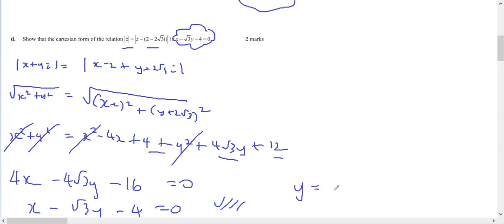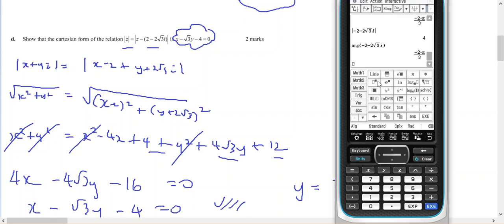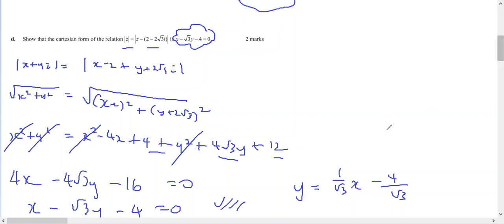Remembering that that is y equals 1 on root 3 x minus 4 on root 3. And 4 on root 3 is around about 2.3. So that is the equation that I'm looking for.